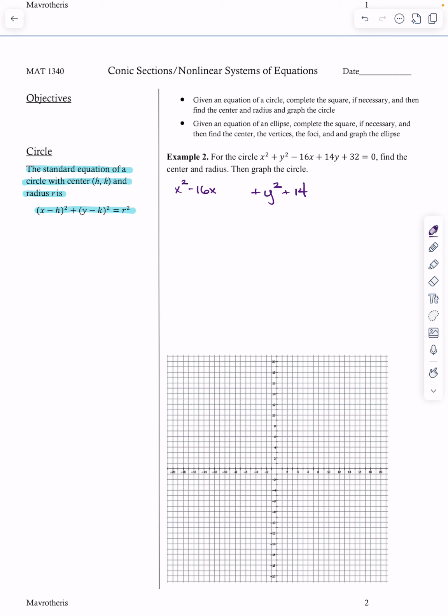Again, I'm going to leave a little space, and then I'm going to move my constant to the other side. Now we have a process for completing the square. We cut that linear term in half as far as my x's are concerned. Half of negative 16 is negative 8, and then I square that and add it on.